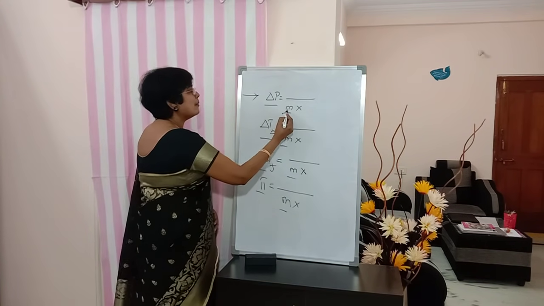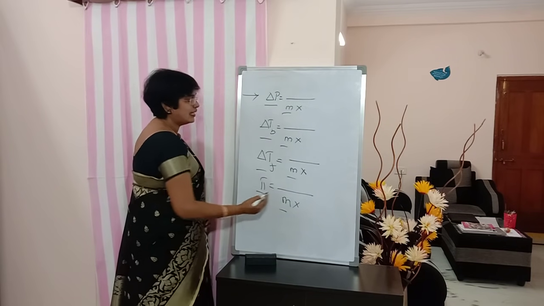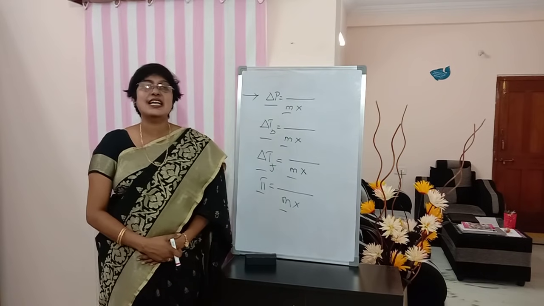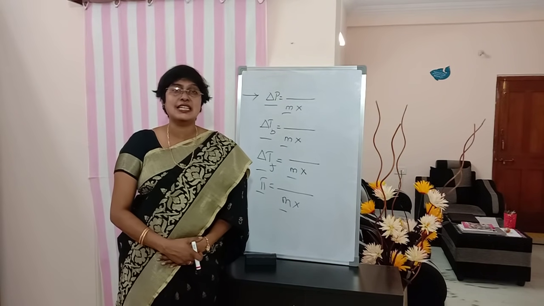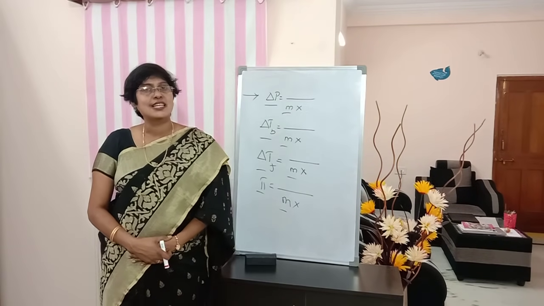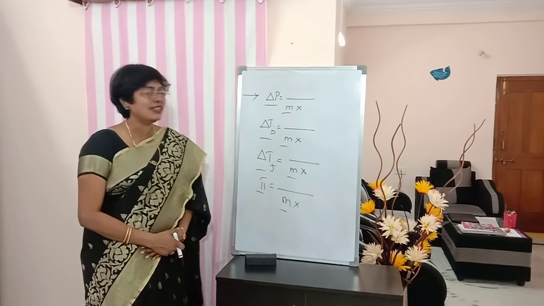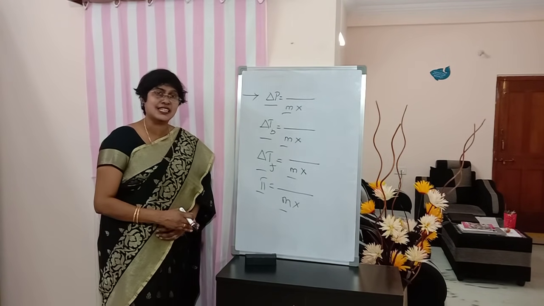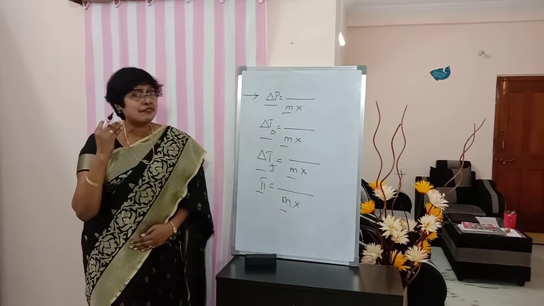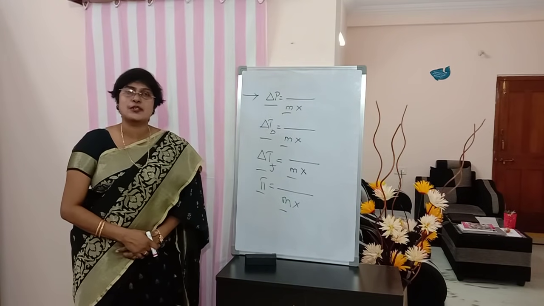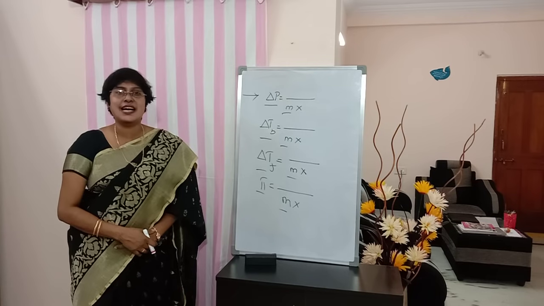If M is in the numerator, then we would say there is a direct proportionality. But if we observe all these expressions, molecular weight is in the denominator, from which we can infer that colligative property is inversely proportional to molecular weight.